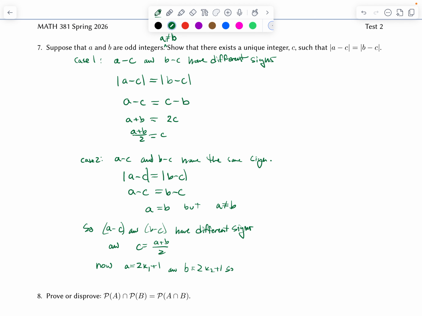So c is equal to 2k1 plus 1 plus 2k2 plus 1 over 2, which is the same as k1 plus k2 plus 1, which is an integer. Okay, so there's existence.